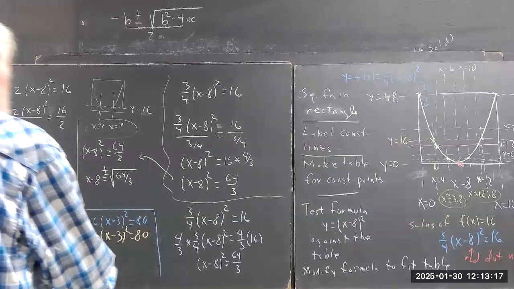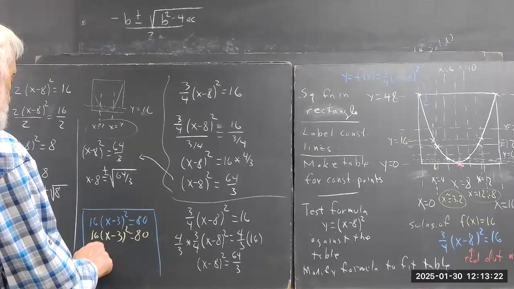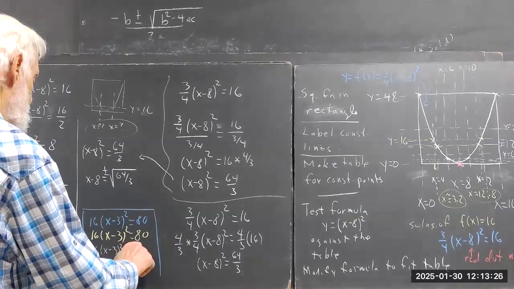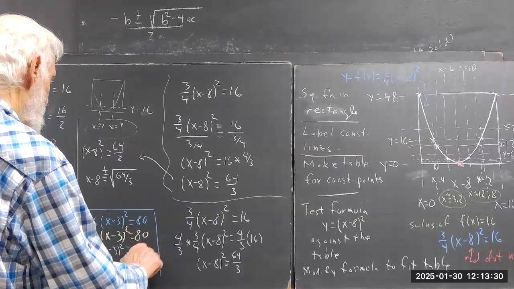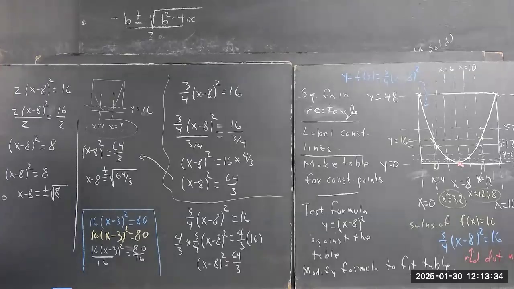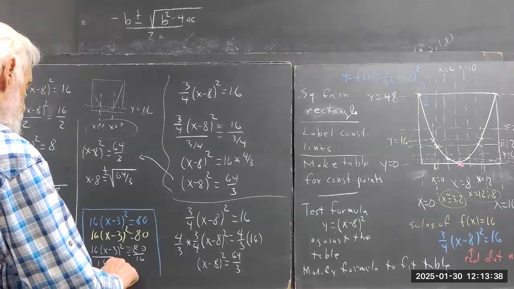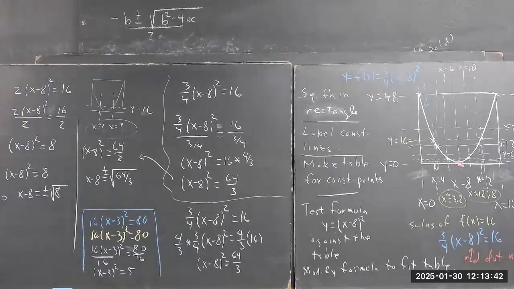Okay. So in this equation, we divide both sides by 16, giving us x minus 3 squared equals 5.